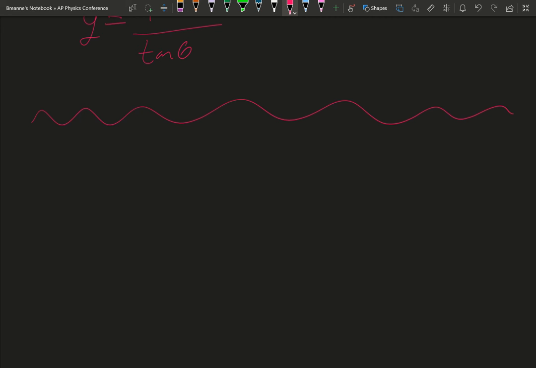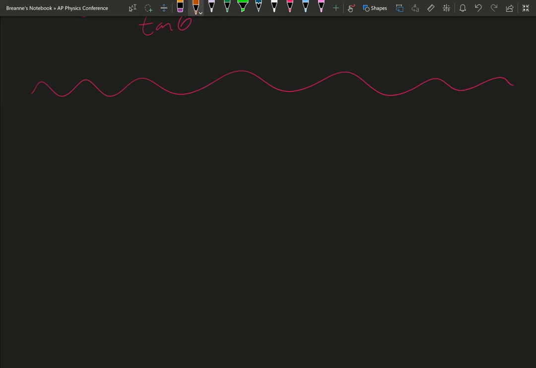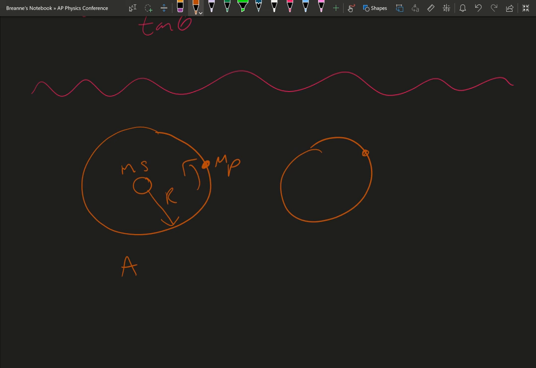So it gives you 3 different systems: system A, system B, and system C. System A is a circle, and it's going like this, with R and S. So that's system A. Then system B, and system C.